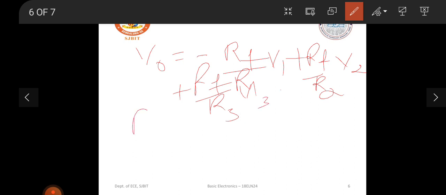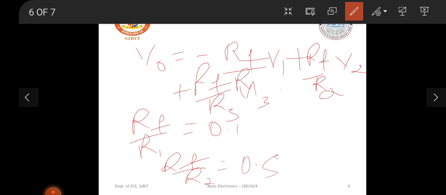From the given expression, RF by R1 is equal to 0.1, RF by R2 is equal to 0.5, and RF by R3 is equal to 2.